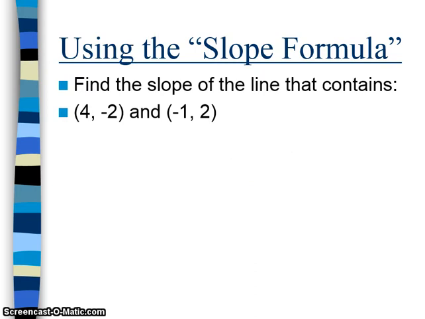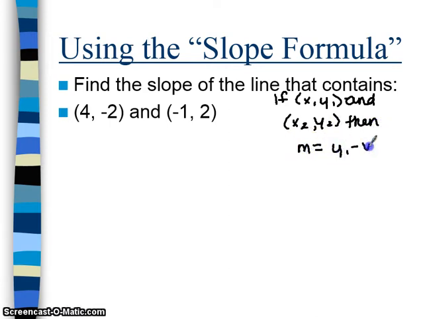So let's practice using the slope formula. It says, find the slope of a line that contains these 2 points. Now, remember, the slope formula says if you have 2 points, x1, y1, and x2, y2, then slope equals y1 minus y2, subtract the difference between the dependent variables, over x1 minus x2.